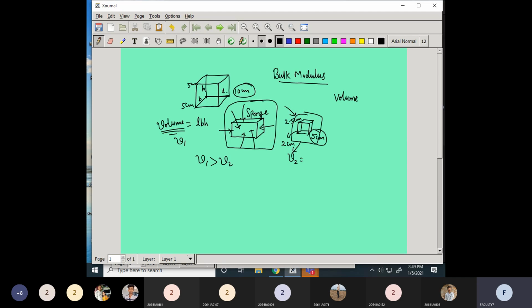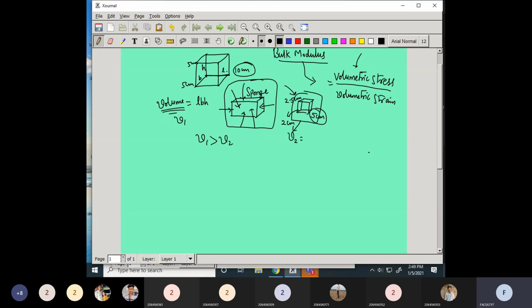You are applying the volumetric stress, and as a result, you are going to get volumetric strain. Or else you can consider the same thing as bulk stress, bulk strain. So the same thing you need to consider, and here this modulus is going to be considered as the bulk modulus.